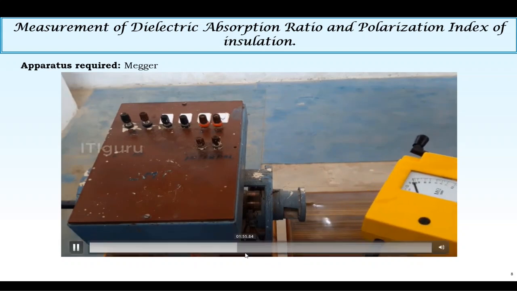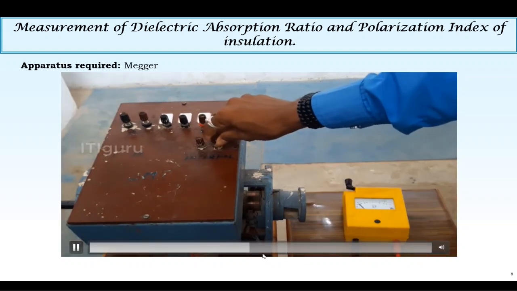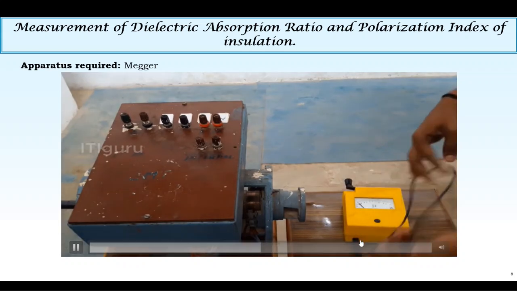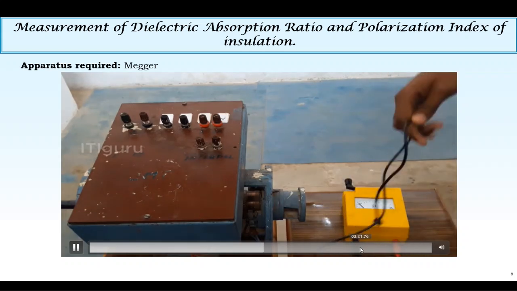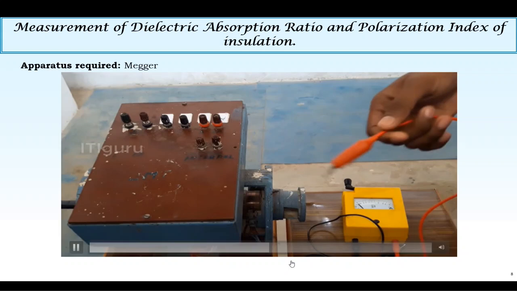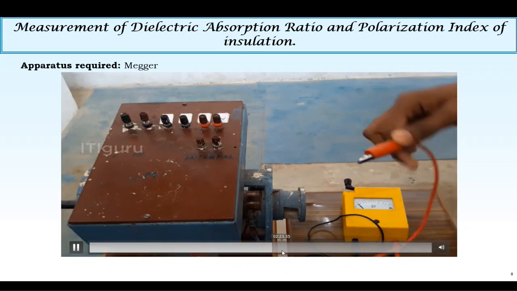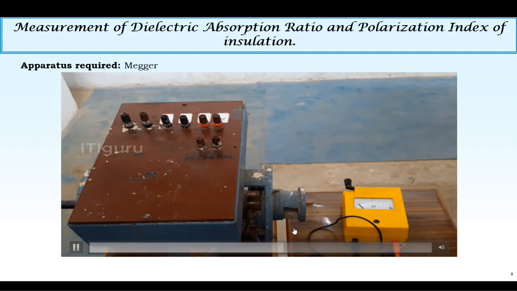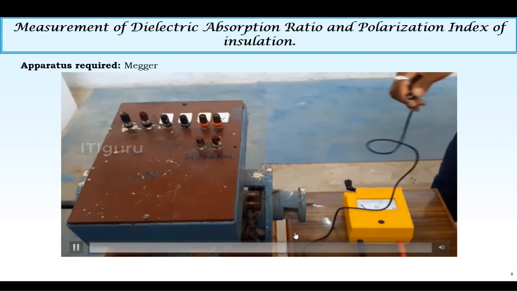Now you have to measure the insulation resistance of this machine. One wire is live, the second is connected to the body of this machine. The live wire is connected to any one terminal. Please make sure that the machine is not connected to supply; it should be in switch off condition.